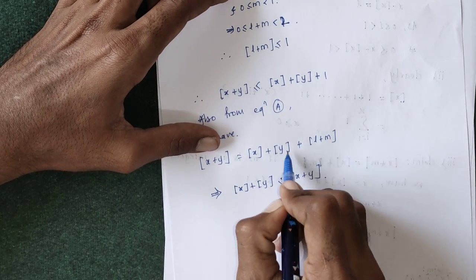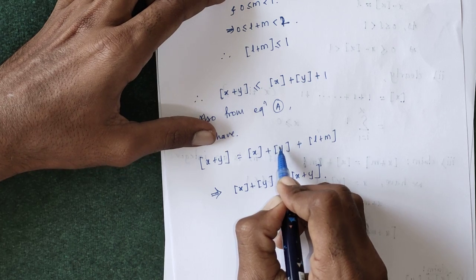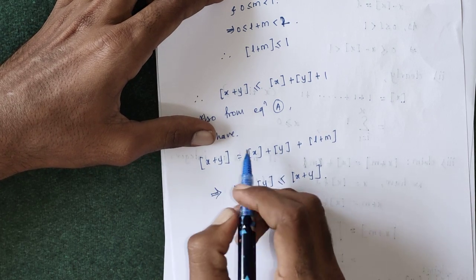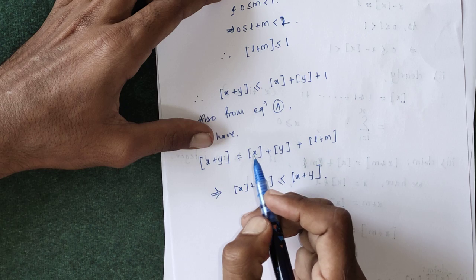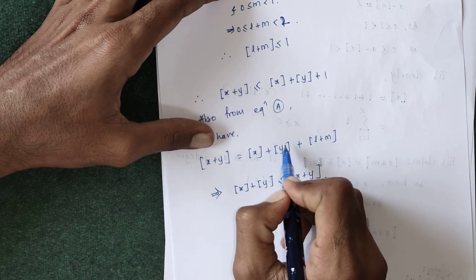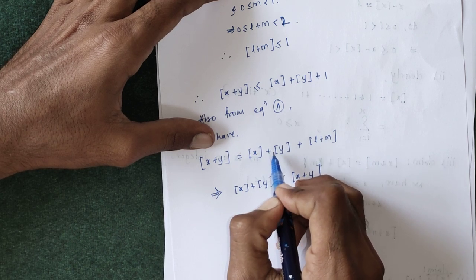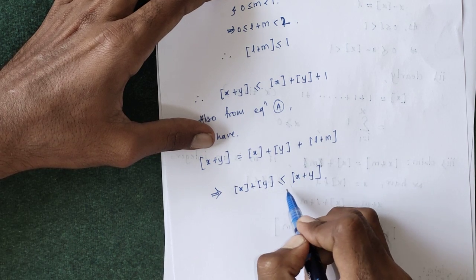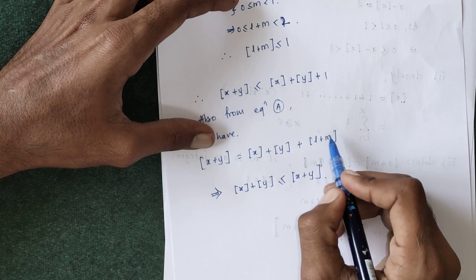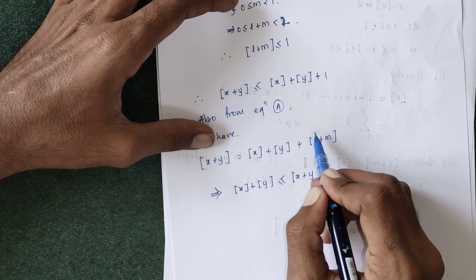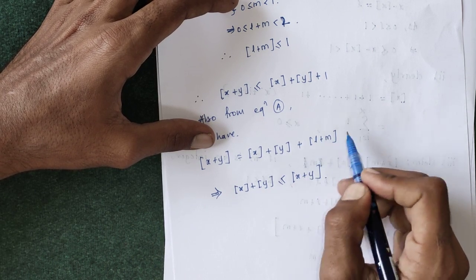So, the integral part of x plus y is clearly greater than this addition. The less than or equal to sign appears here because the integral part of L plus m is either 0 or 1.